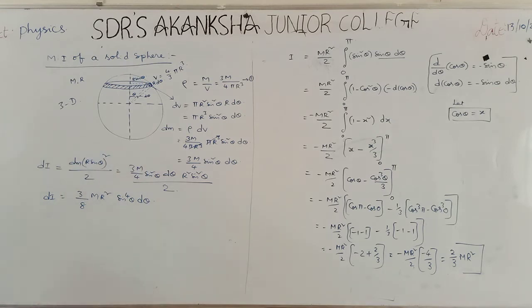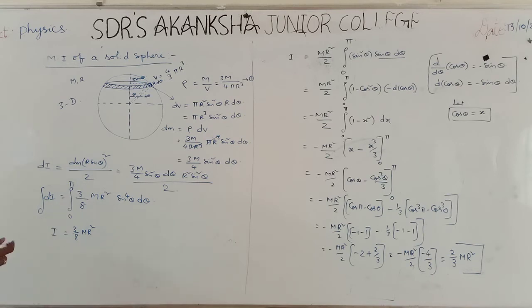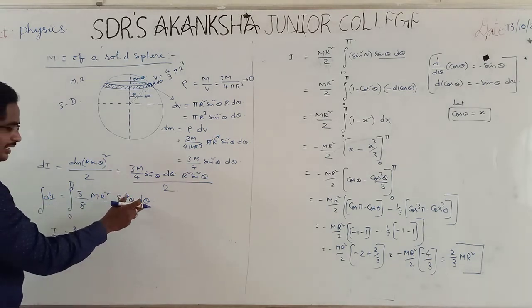Now we are going to integrate it with the limits of 0 to pi as earlier. Then what shall we get? I equals 3 by 8 mr square into the integral of sin power 4 theta d theta.